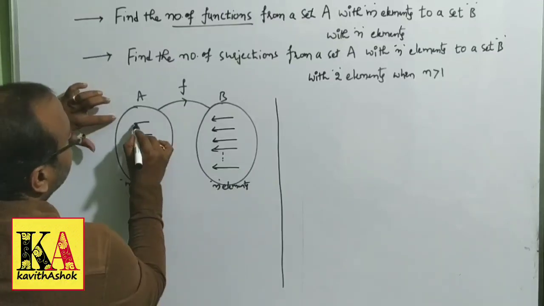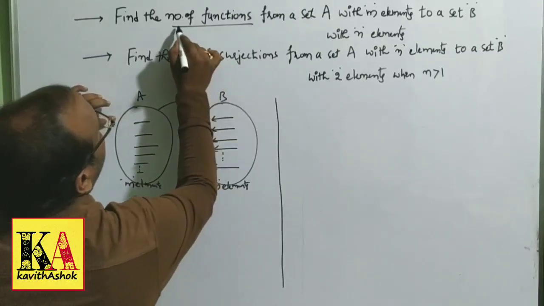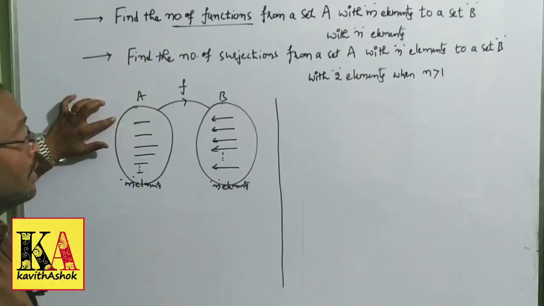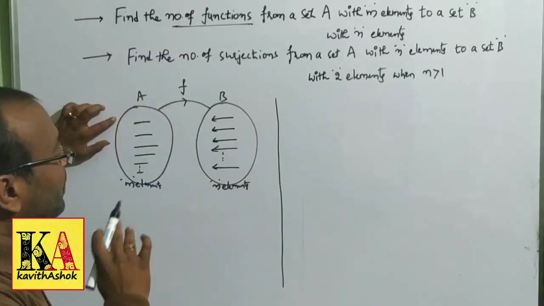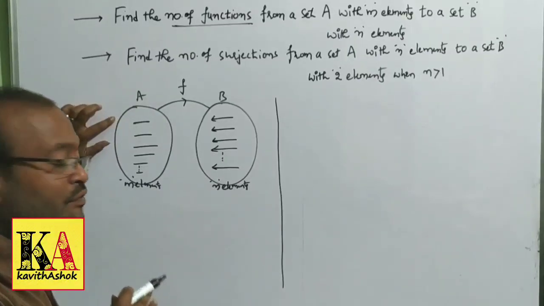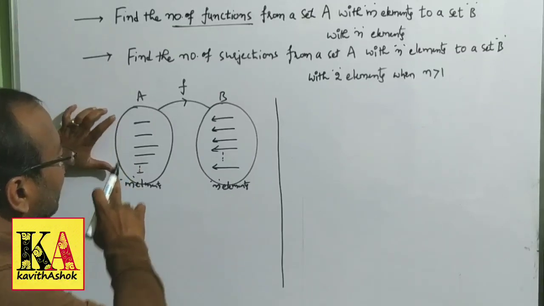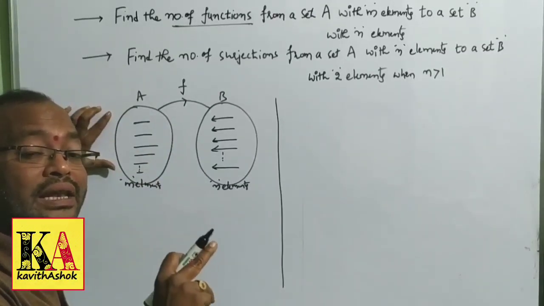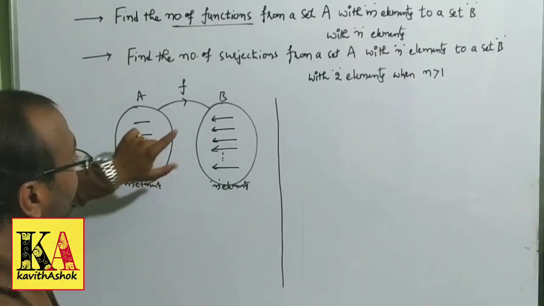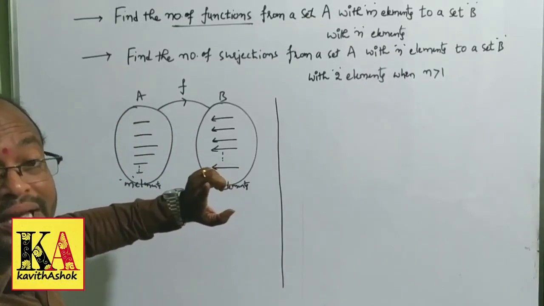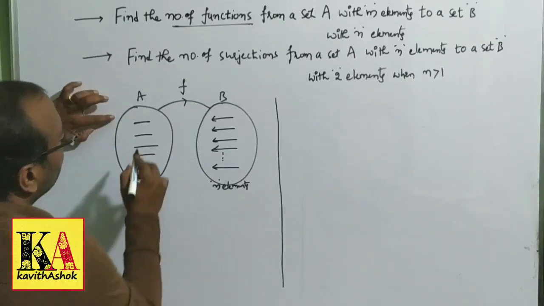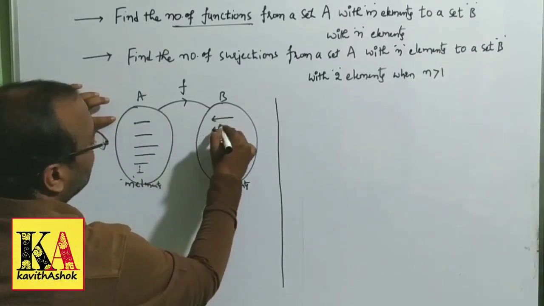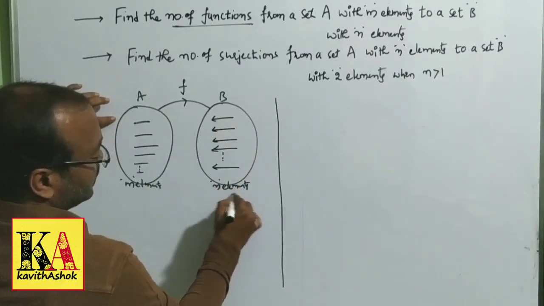To fill up the first place: a function, in the sense here, a relation f from A to B is said to be a function if every element of A has a unique image in B. Unique in the sense that it is related to one element in B. So to fill the first place, how many choices do we have? N choices, as n elements are there.